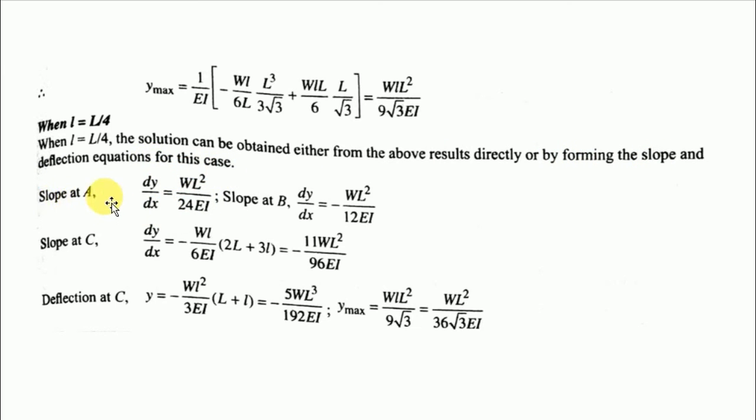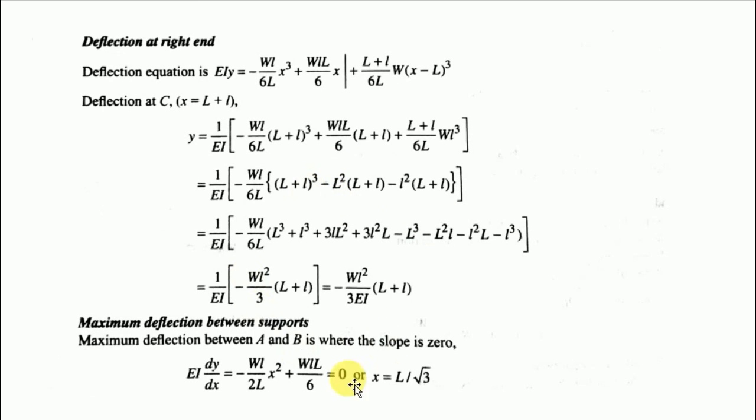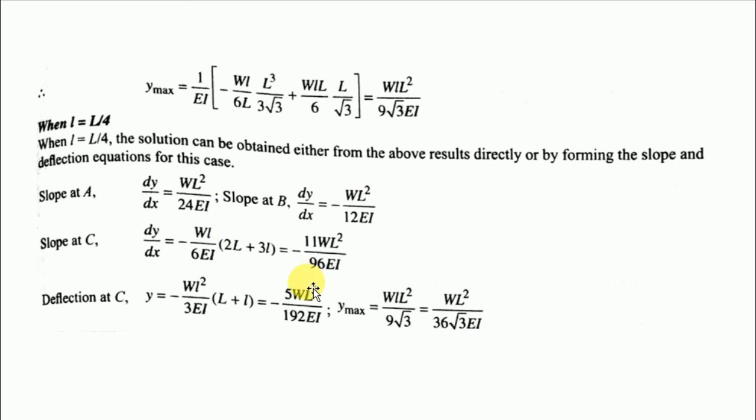So the slope at A is this amount by solving, the slope at B is this amount, the slope at C this amount, the deflection at C this amount, and the maximum deflection is this one, by simply putting small l equal to capital L by 4. All the values we obtained earlier can be written in this form.